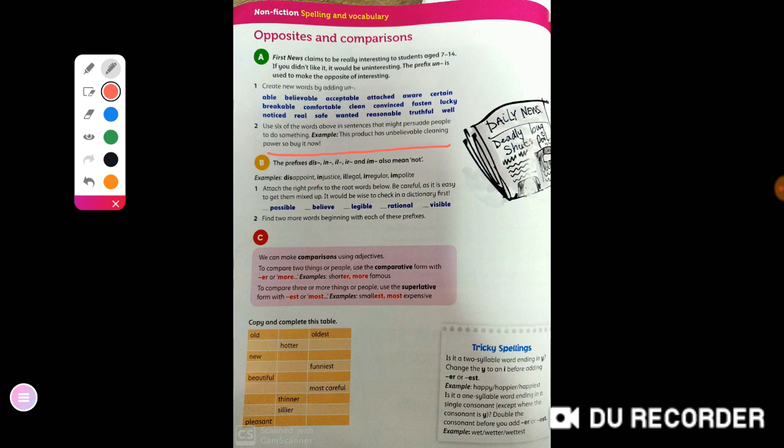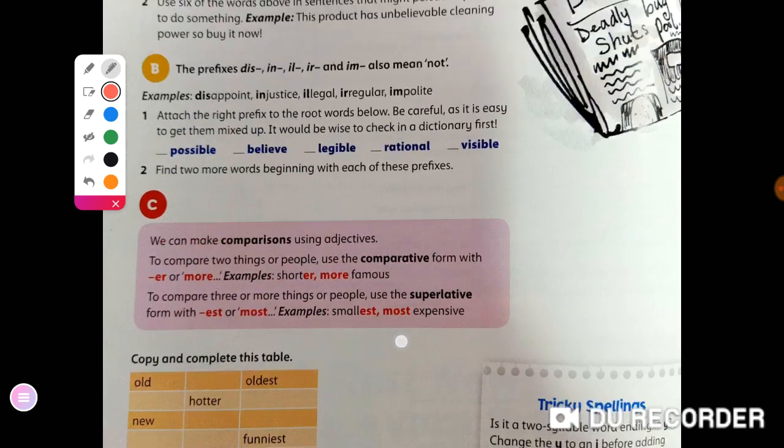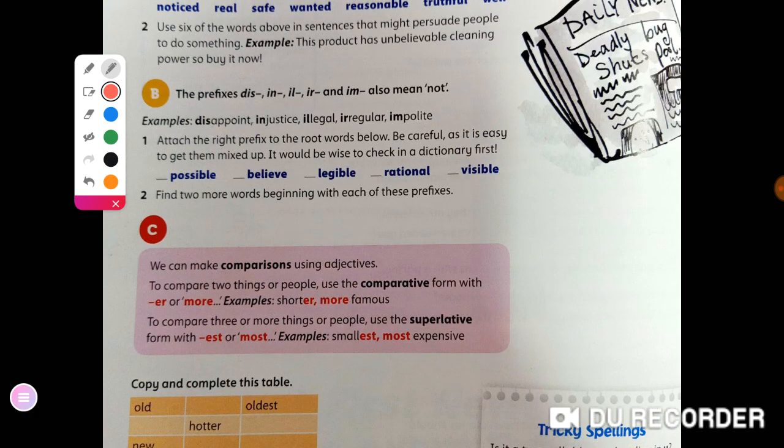All right, next question, B. The prefixes, let's focus, please. There are other prefixes that mean the same thing, just as un: dis, in, il, ir, and im.